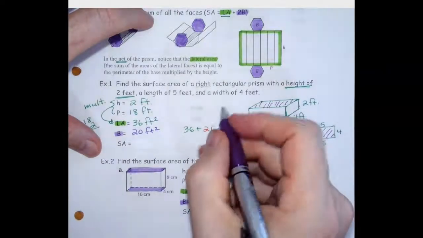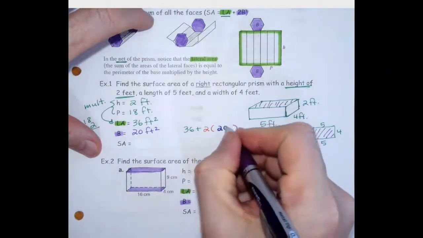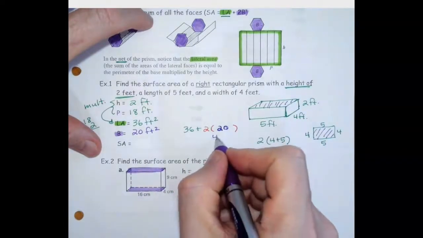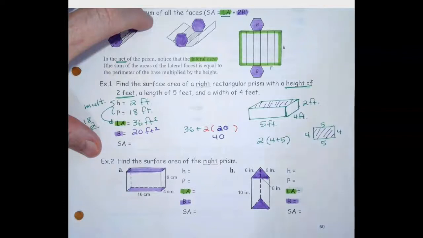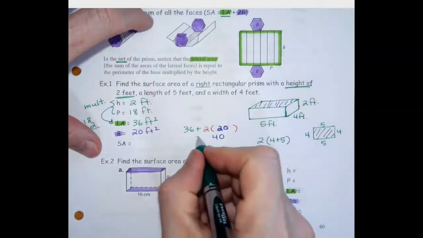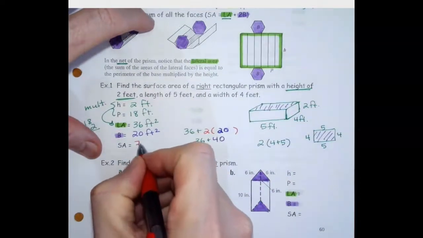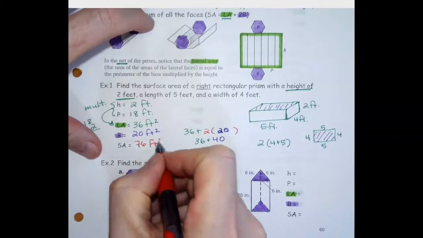Except I was using purple, but I don't know if that's going to show up. Alright, doesn't matter. Okay, so 2 times 20 is 40, so the bases are 40, and that's 36. So that's going to be 76 feet squared.